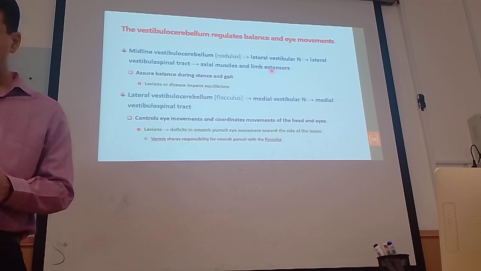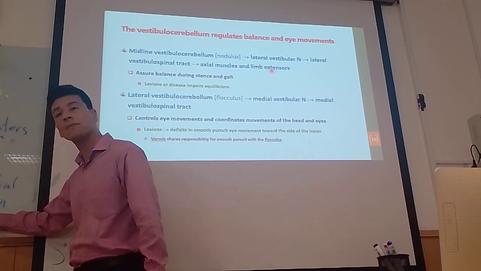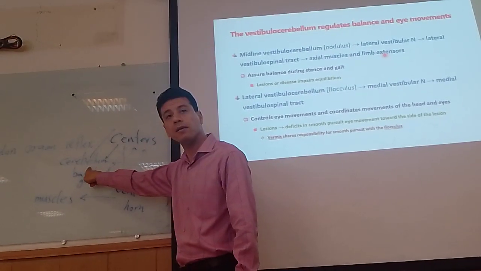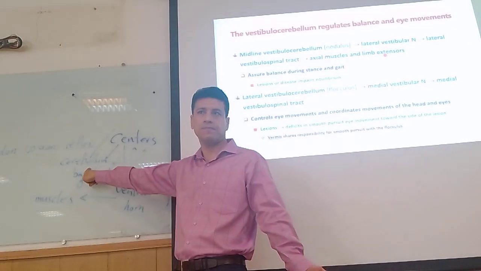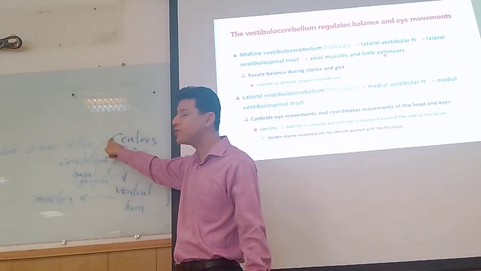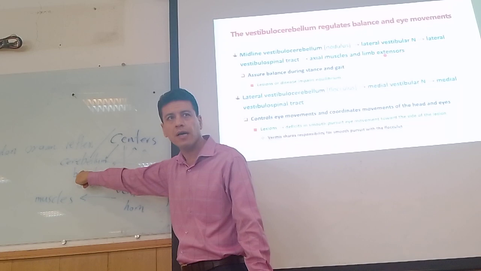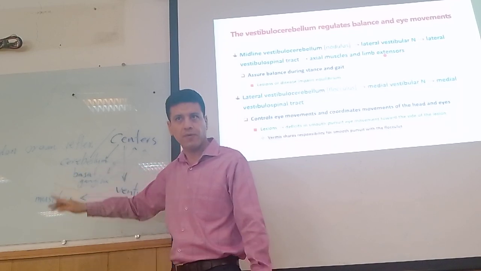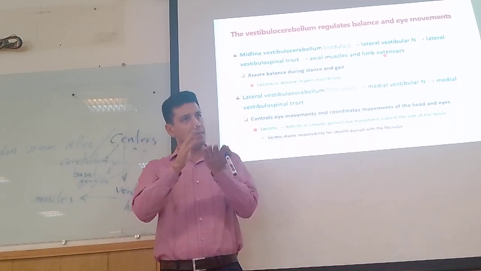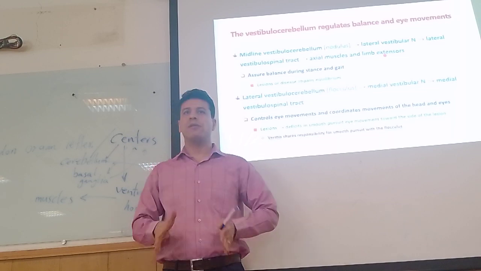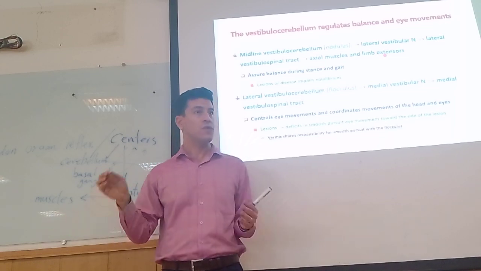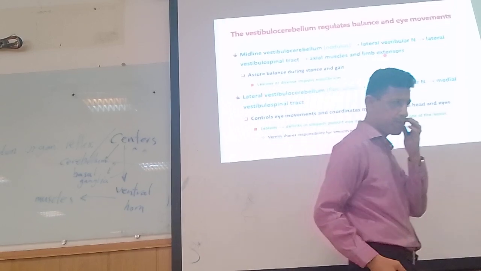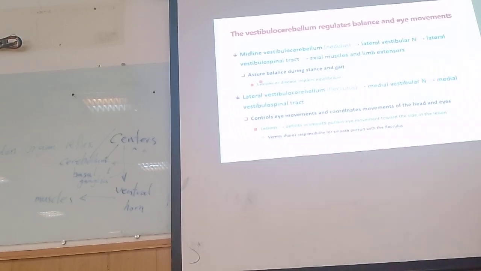But this motor system is helped by the cerebellum. The cerebellum receives information from the vestibular nuclei, right? Receives information from the body, compares these two, so it helps keeping the balance. Which part? Nodulus. Lesion causes impairment in the equilibrium.